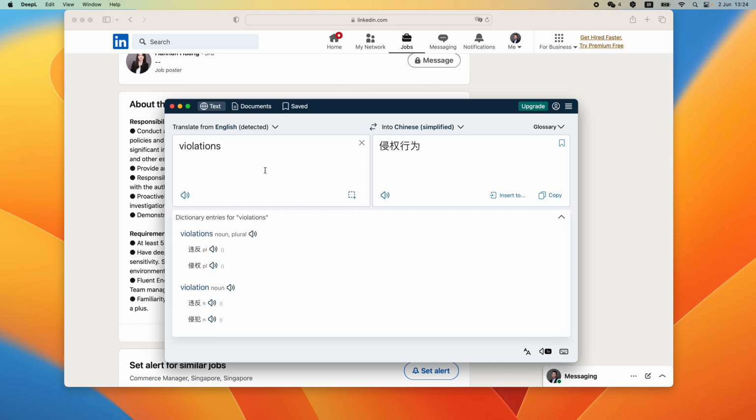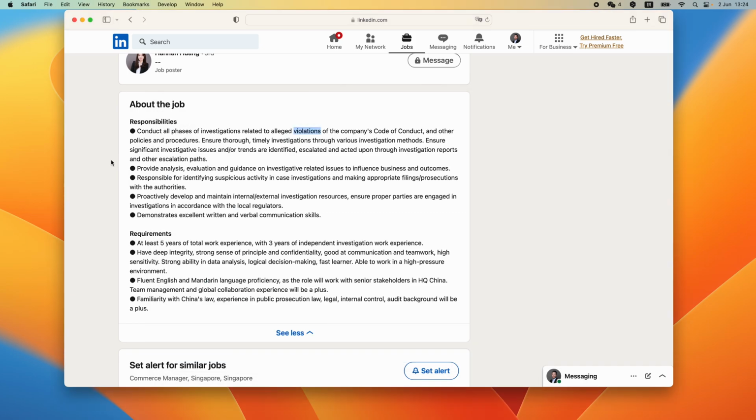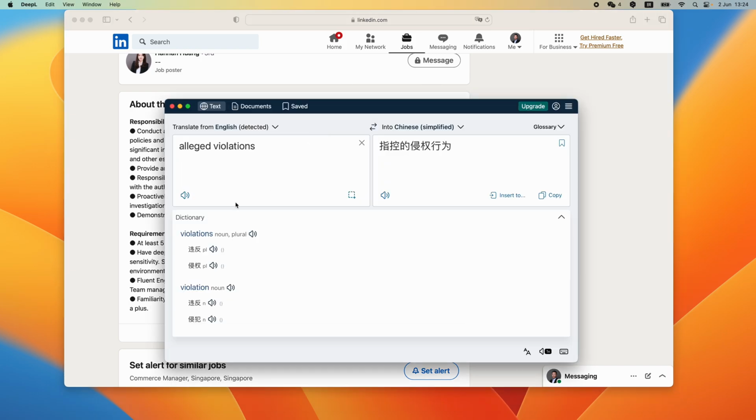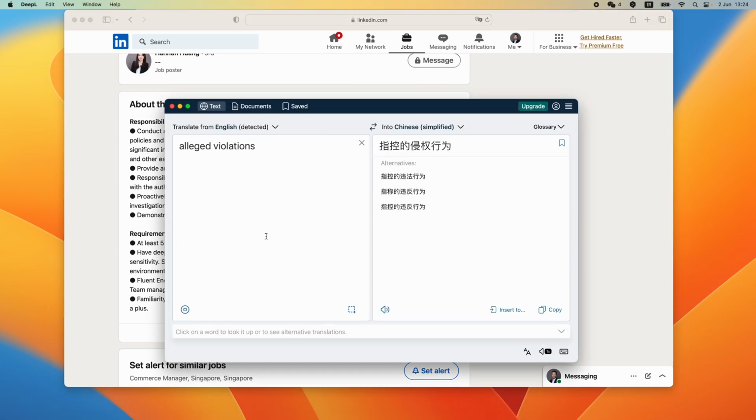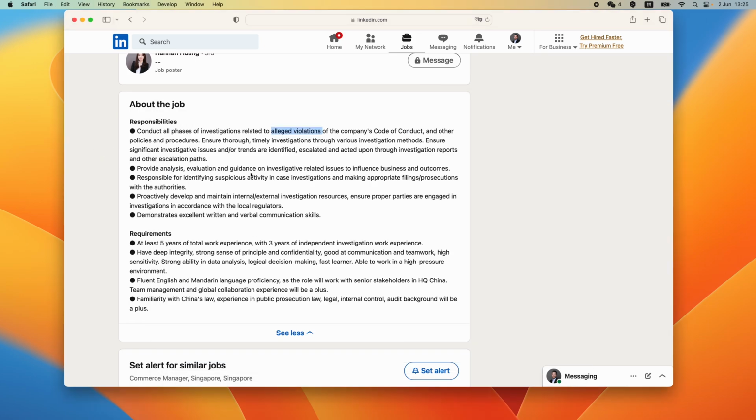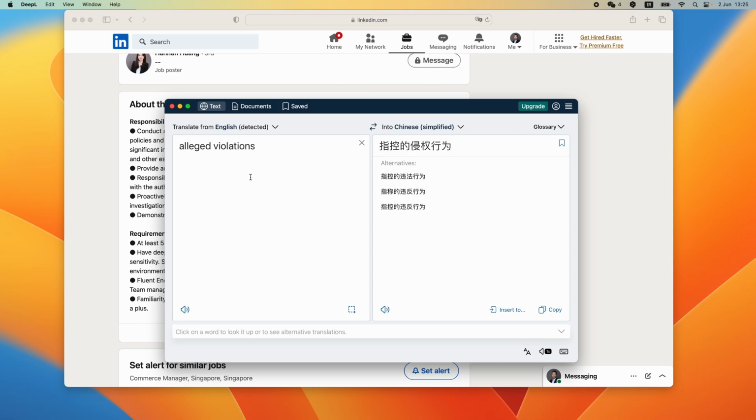You can see the keyword in the sentence: violations. Let's see the pronunciation: alleged violations, alleged violations related to, related to. Okay.